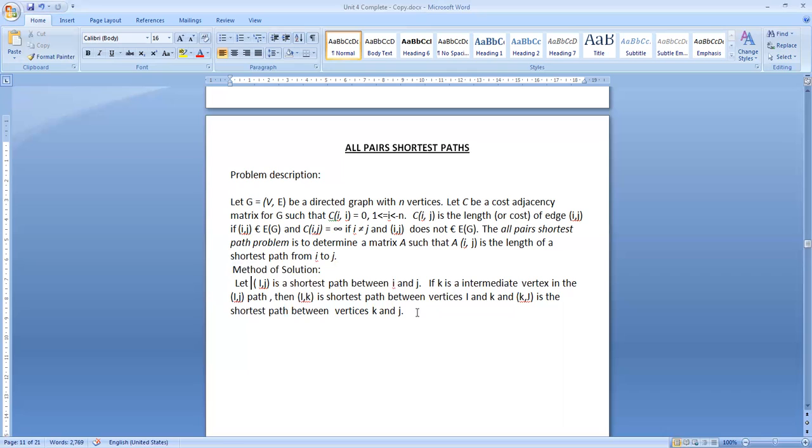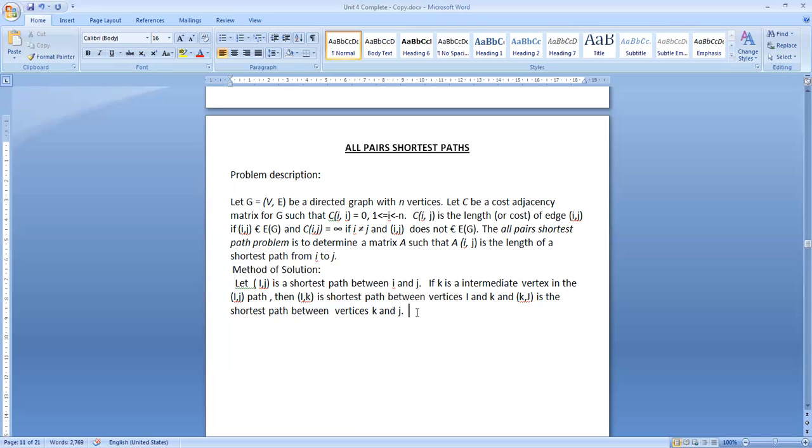Then we try to find another intermediate vertex, if at all there is one, maybe k1, such that the path from i to k1 passing through k is the shortest path from i to k1, and similarly the path from k1 to j is the shortest path between vertices k1 and j. Once such a k1 is found, we try to find another k2 like this. It will go on; we will take subsequent decisions. That is the way we are approaching this problem.